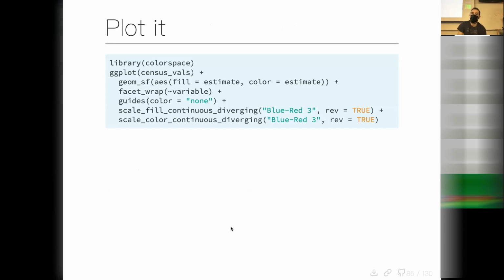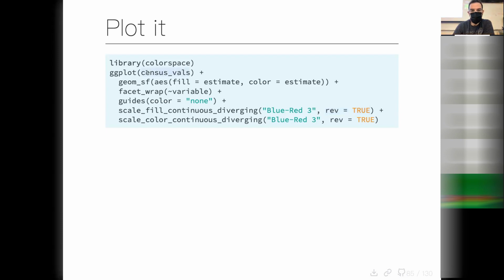Okay, so I'm going to start by plotting this, and I'm loading the colorspace library, and I'm going to use this blue-red 3 palette, but I've reversed it. This is a diverging color palette, so it's going to center at white, and as it goes more in one direction, it will be blue. As it goes more in the other direction, it will be red.